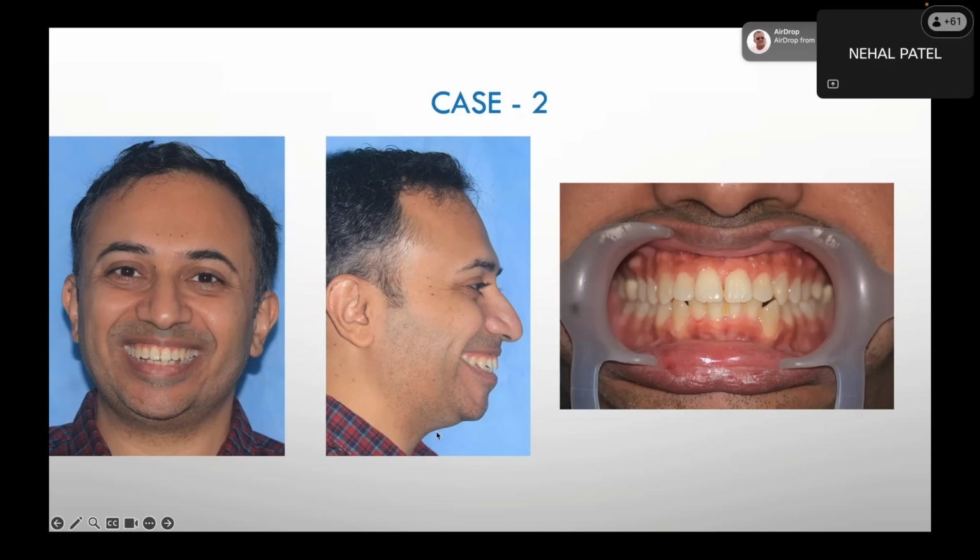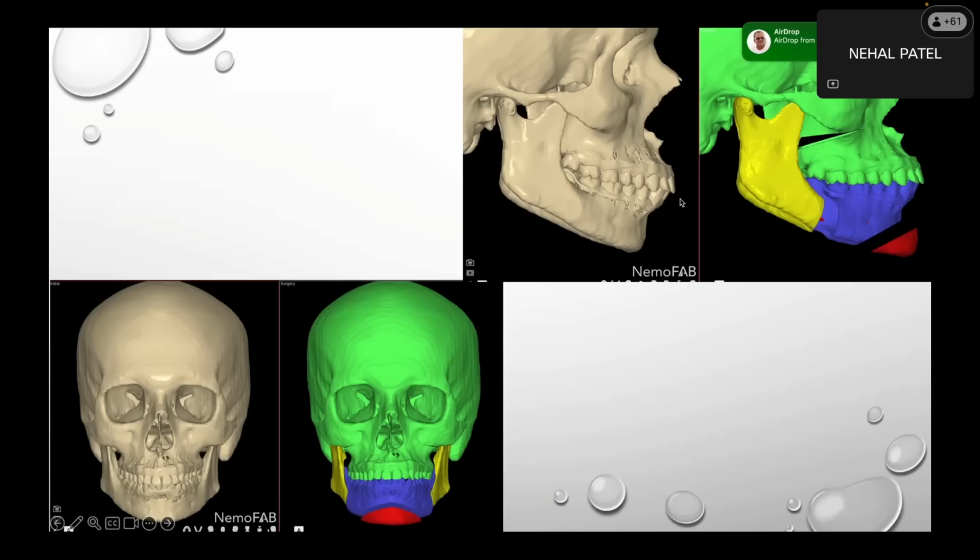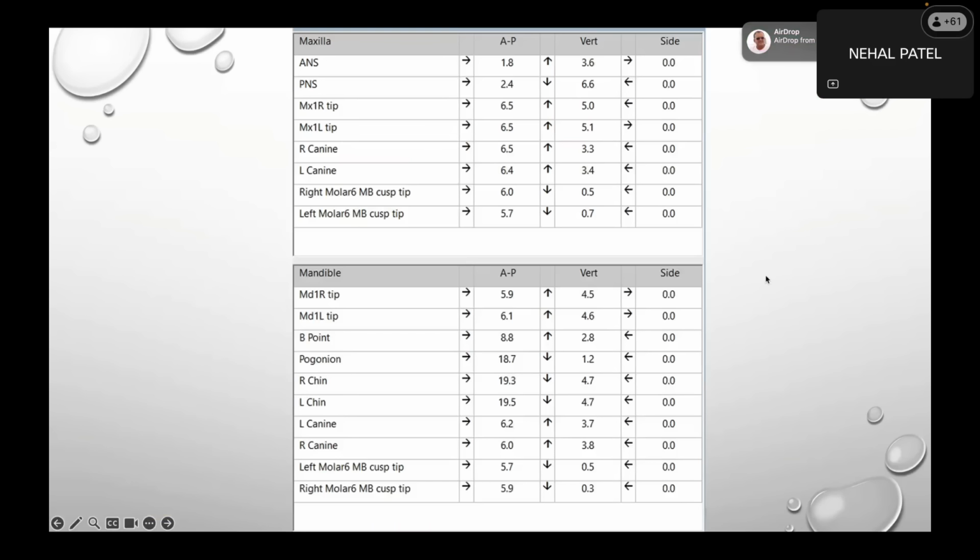Now, if you look at this, there is a sag of the suprahyoid muscle. There is a little bit of gummy smile. Now, this gives us an advantage in planning. So, again, it's the same thing, counterclockwise rotation, advancement, and this is what has been done.